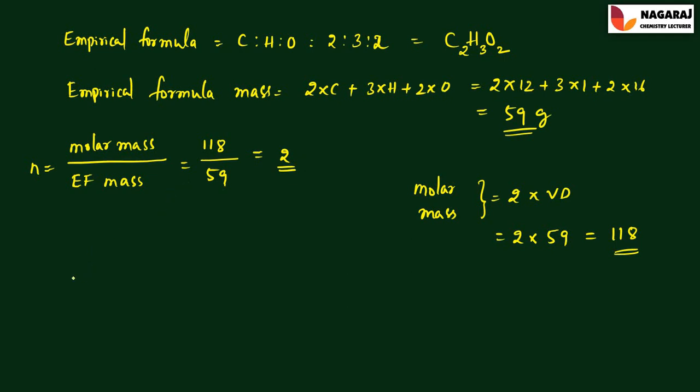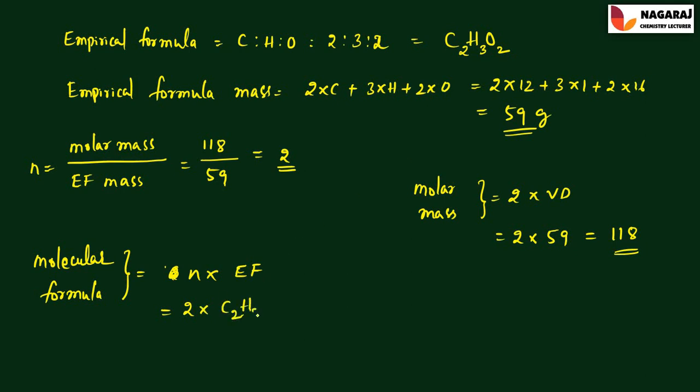To calculate the molecular formula of the compound, molecular formula is always equal to n into the empirical formula. So n is 2 into the empirical formula C2H3O2.